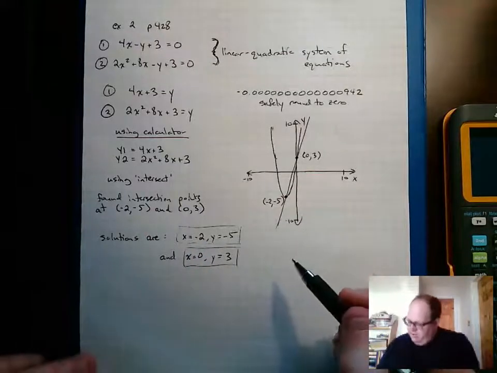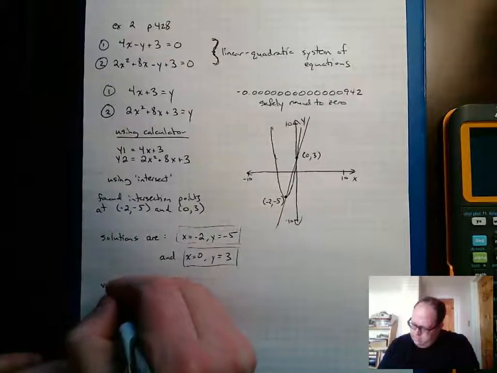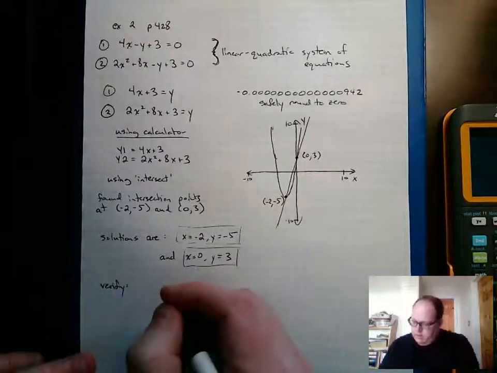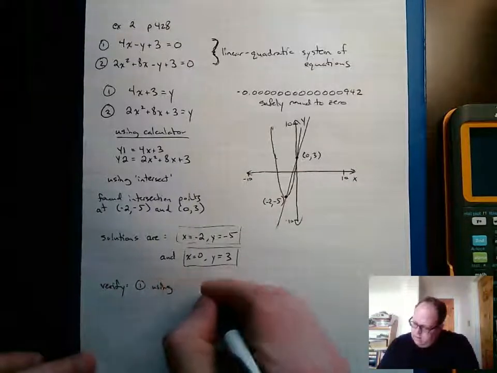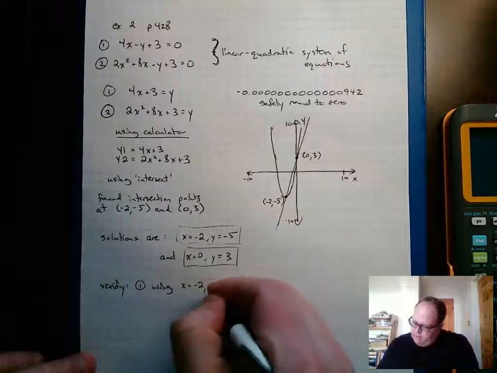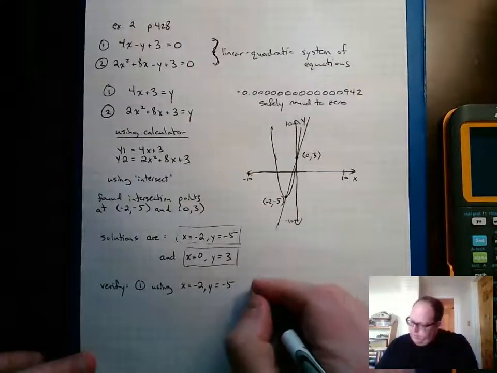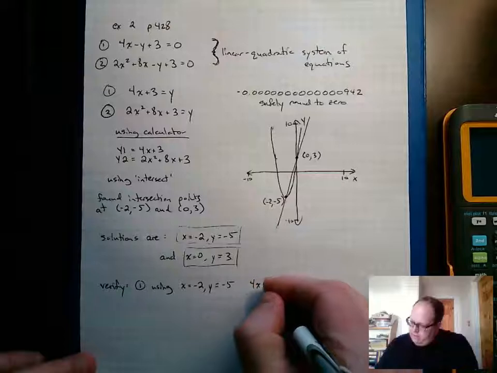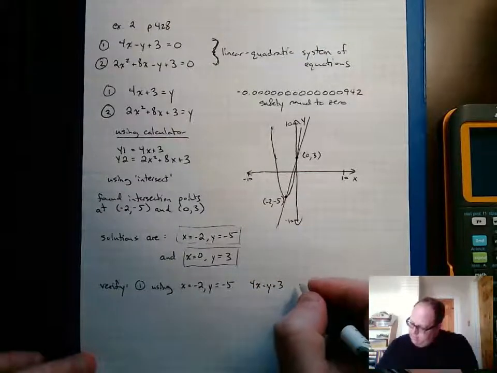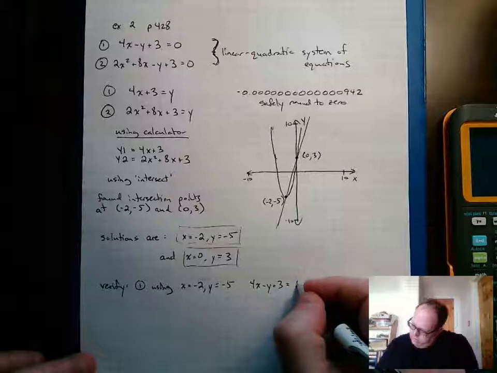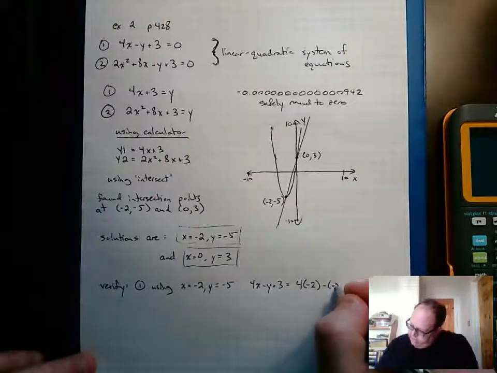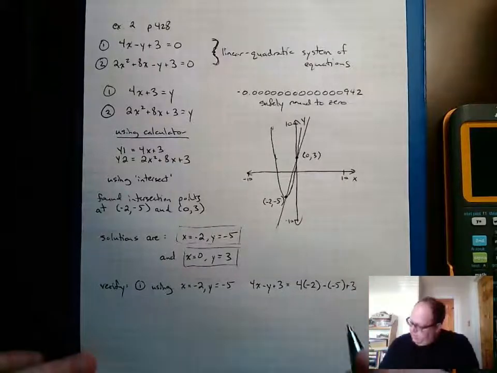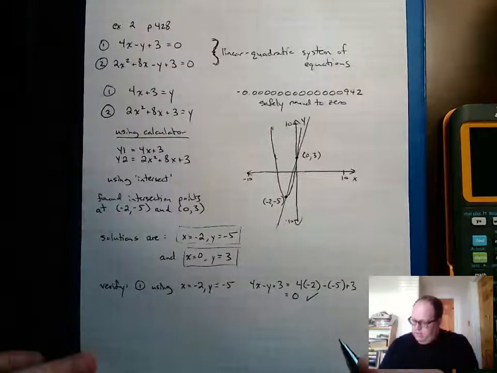Now, how you can verify that, in equation 1, using x equals -2 and y equals -5, 4x minus y plus 3 would equal 4 times -2 minus -5 plus 3. And if you work that all out, you get 0, which is what you should get out.